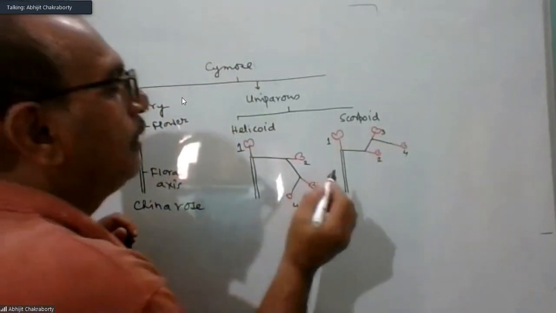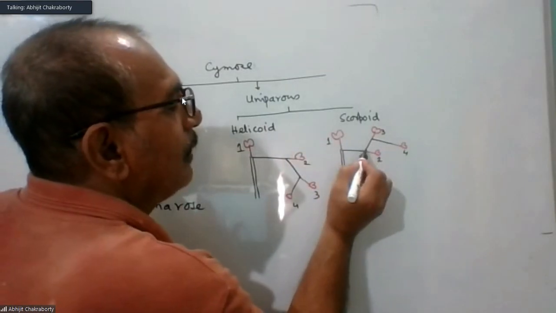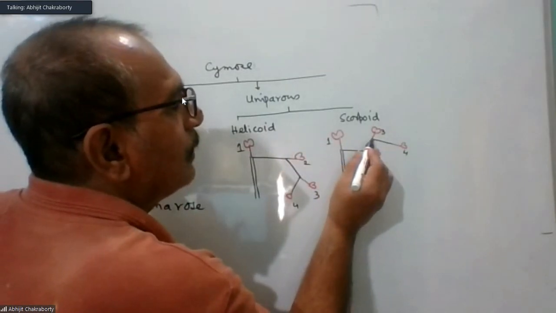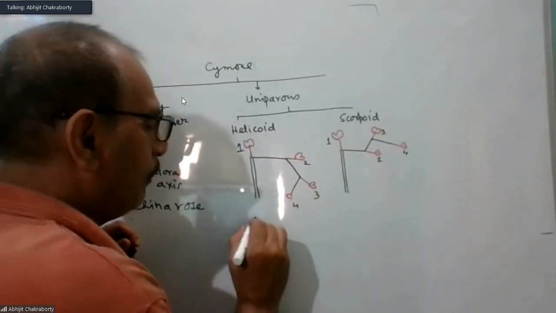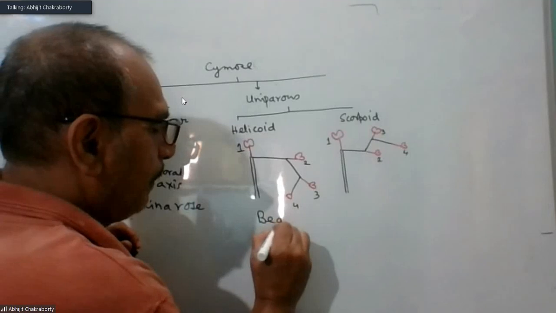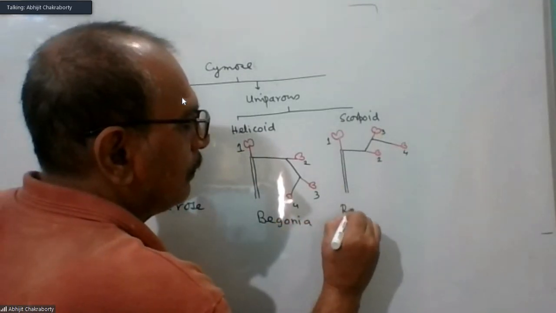What is found? First flower is at the top, then on the right hand side second flower, and on the left hand side of this, third, again right hand side. Then it is called scorpoid. Helicoid is found in begonia. A scorpoid is found in, suppose, ranunculus.